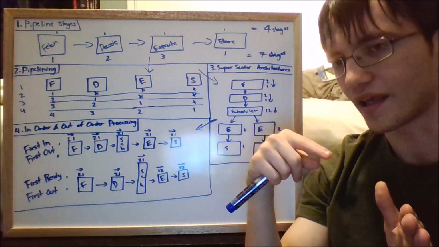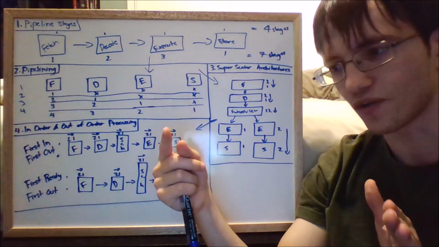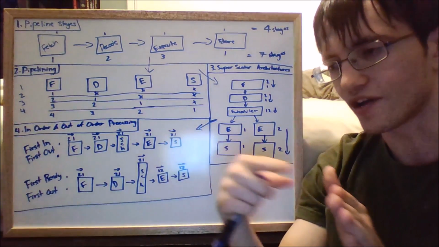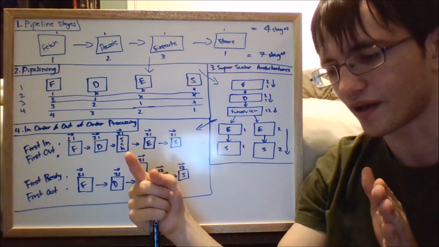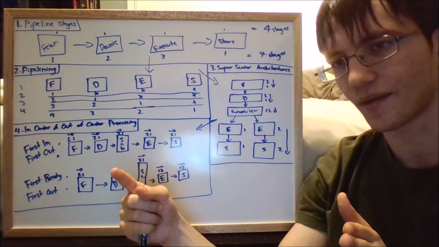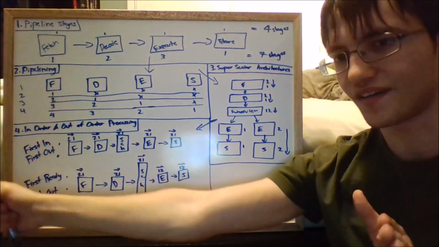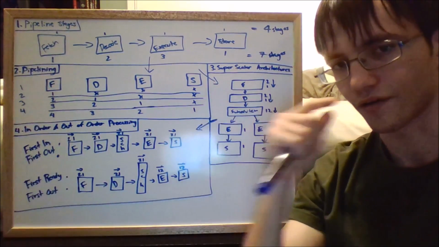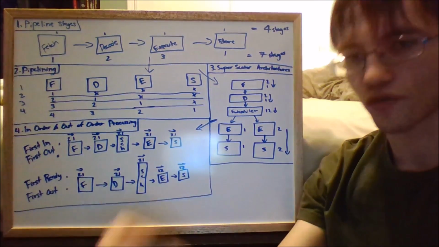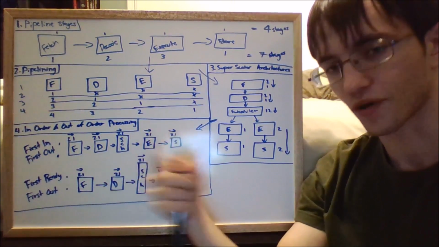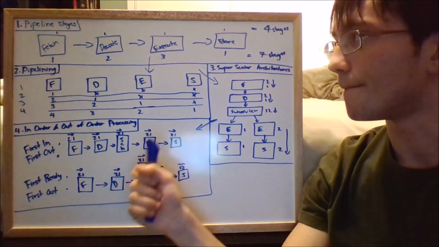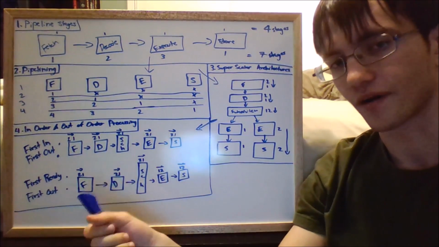But let's say you run at 4 hertz and you have 8 steps, you're going to get everything done in the exact same time as if you had 16 steps and you ran at 8 hertz. So you can run faster with more steps or more pipeline stages, but you get less done per stage.